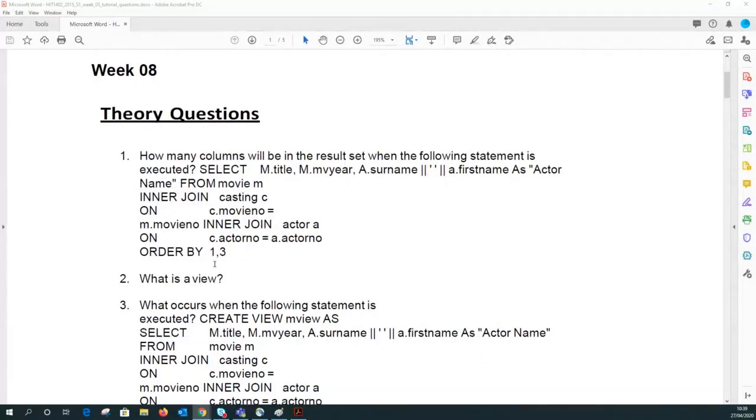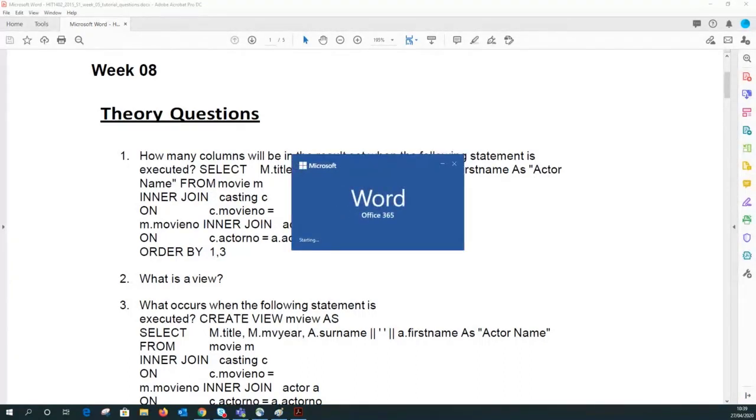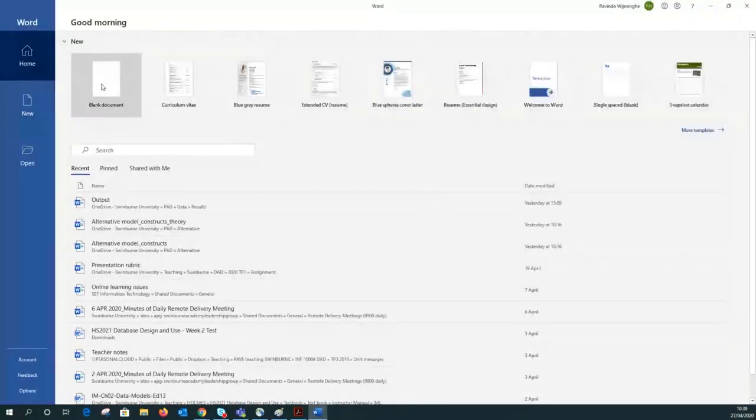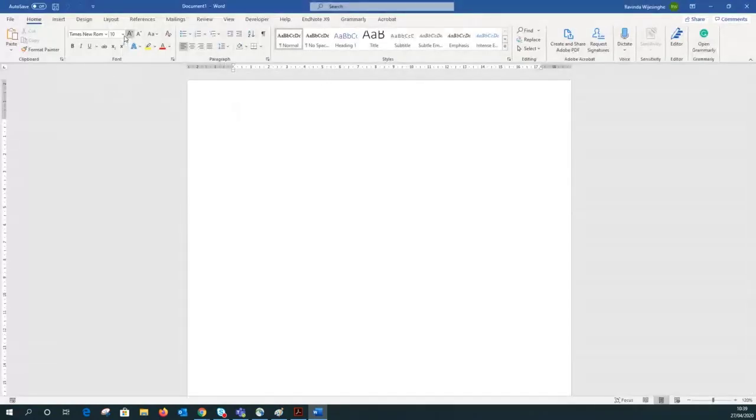Now question number 1 is asking how many... Now let me actually open a Word document to record all my answers. Let me first open a Word document. Let's make it a little bigger.